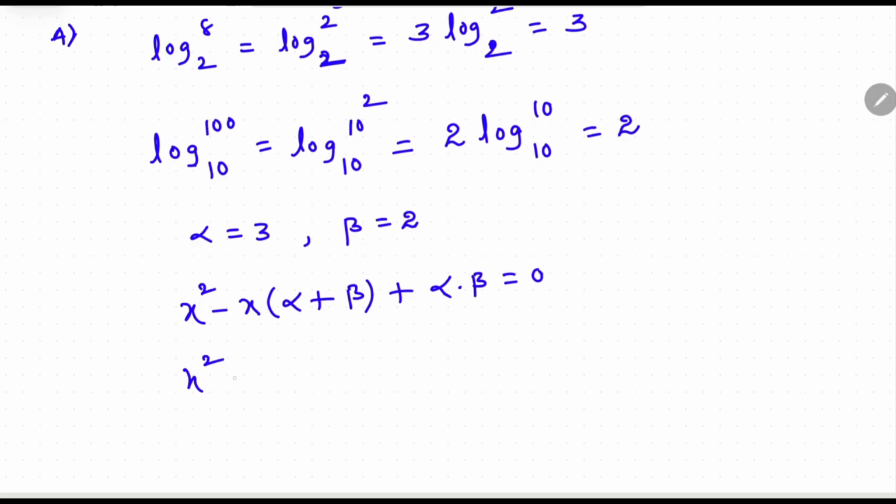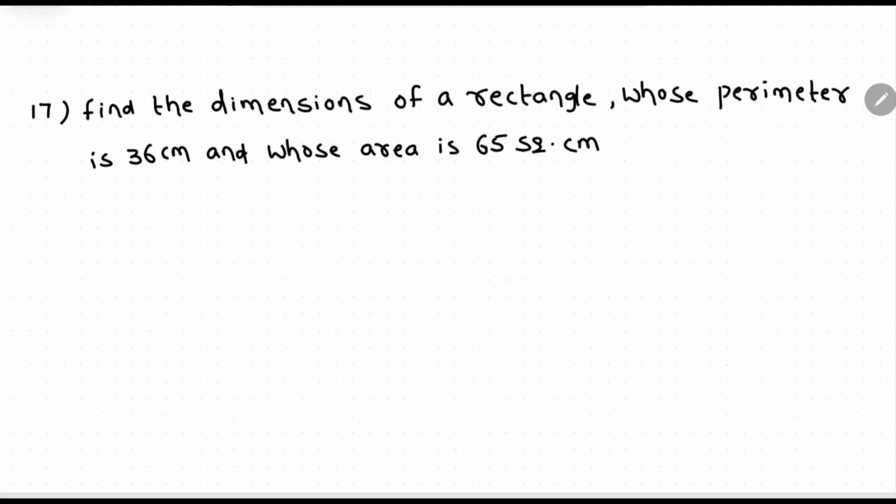So x power 2 minus x of the sum of the roots, and now the product of roots, 2 into 3 is 6. So the answer will be x square minus 5x plus 6 is equal to 0. It is the required quadratic equation.